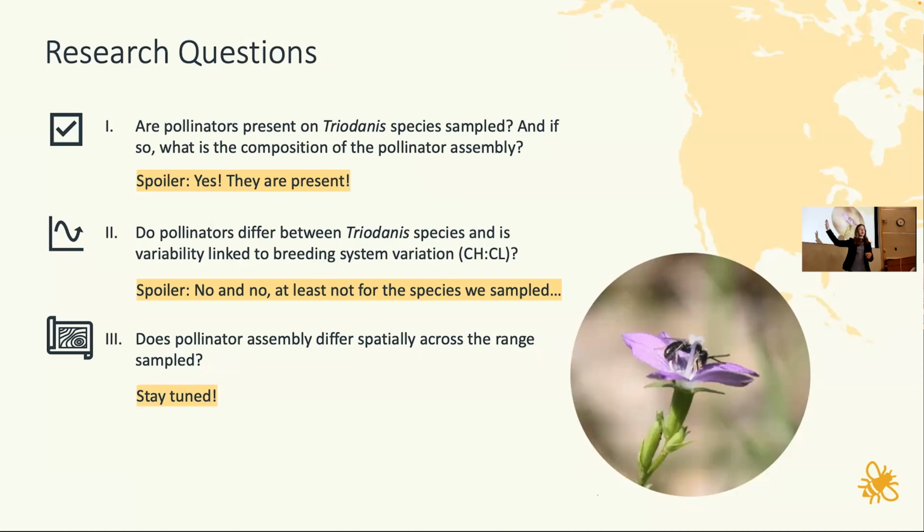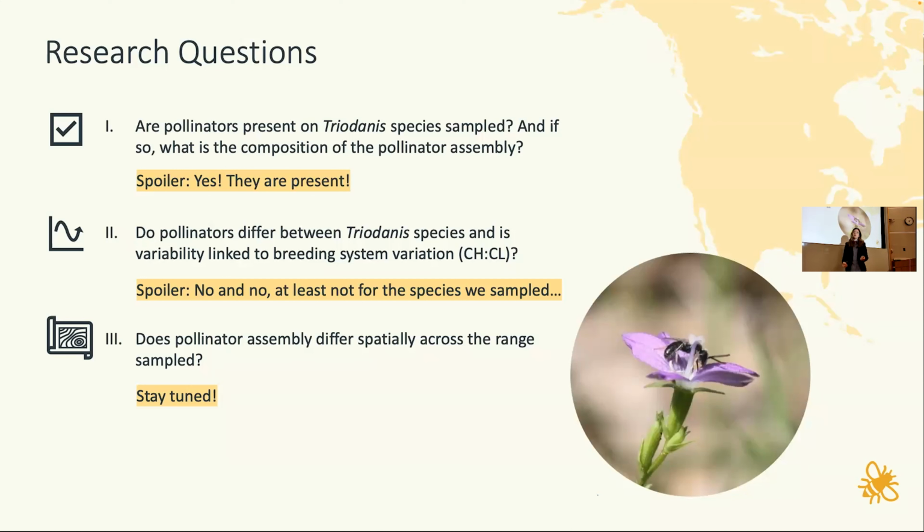The composition of the pollinator assemblage is what I'll be addressing throughout the rest of this presentation. Do pollinators differ between Triodanis species? For this, we found no, not really. I'm going to talk about the pollinator assemblage across the 4 different species of Triodanis that we did sample. And if there is variability, is it linked to breeding system variability?